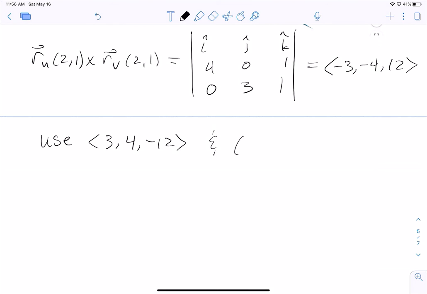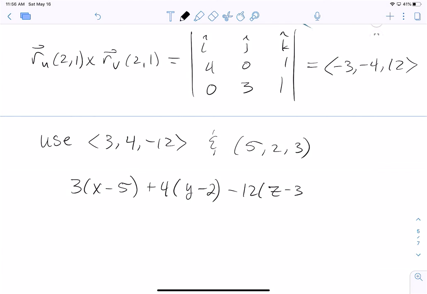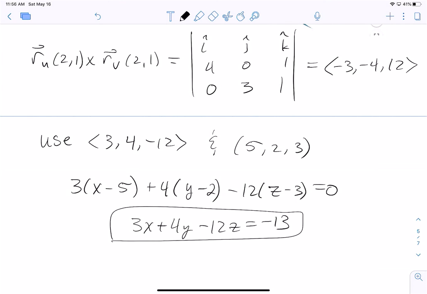And then the point we were given is (5, 2, 3). We put that together the way we know how to do for the equation of a plane. 3 times the quantity x minus 5 plus 4 times the quantity y minus 2 minus 12 times the quantity z minus 3 is equal to 0. Simplifying this equation will give us 3x plus 4y minus 12z is equal to negative 13, and there's the equation of our tangent plane.